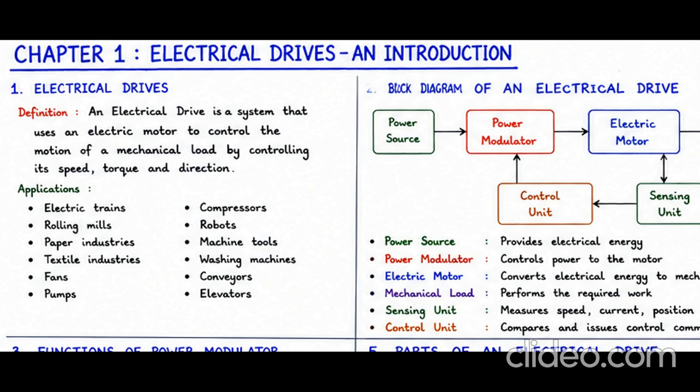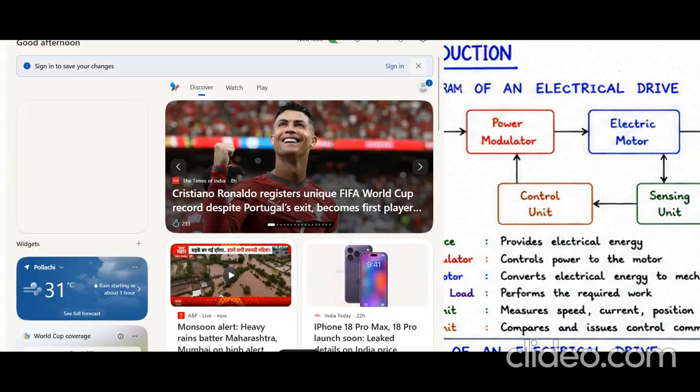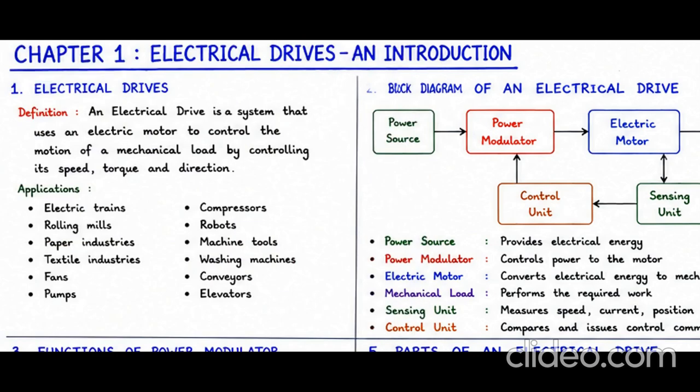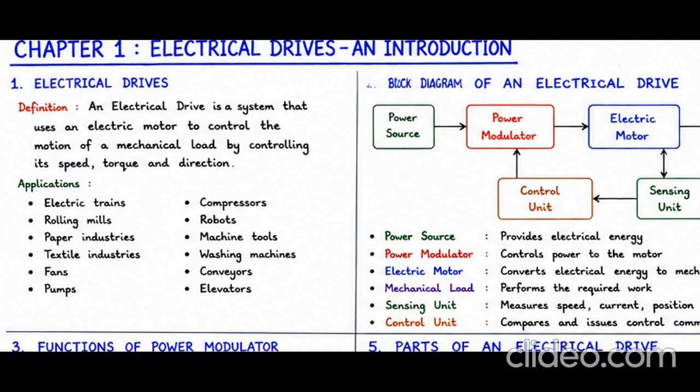What is an electrical drive? An electrical drive is, simply speaking, a system that uses an electric motor to control the motion of a mechanical load. Now you may ask, what do you mean by controlling the motion?